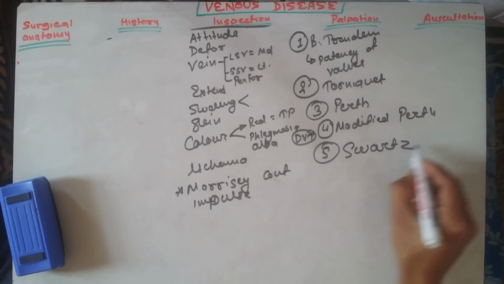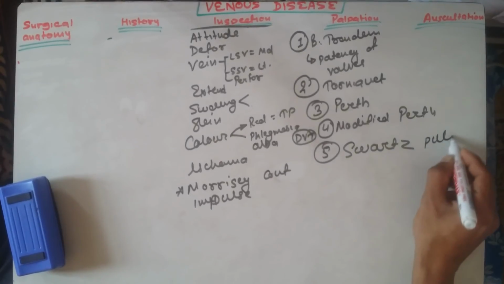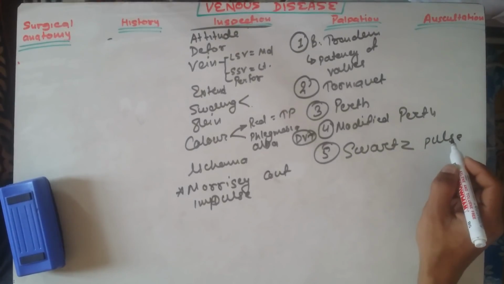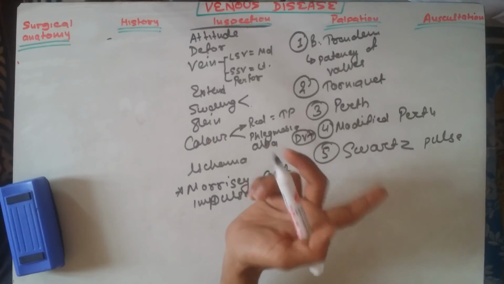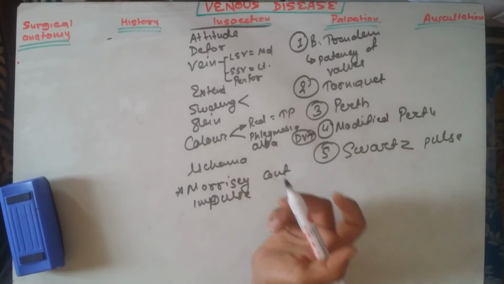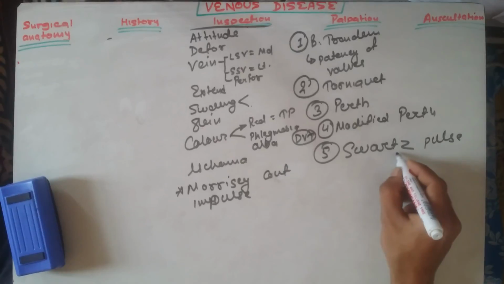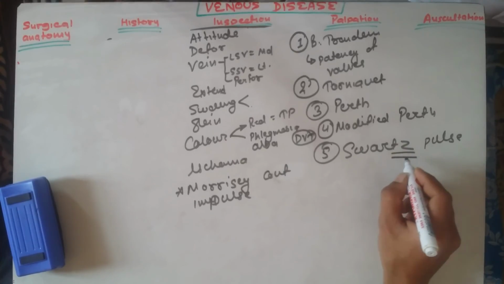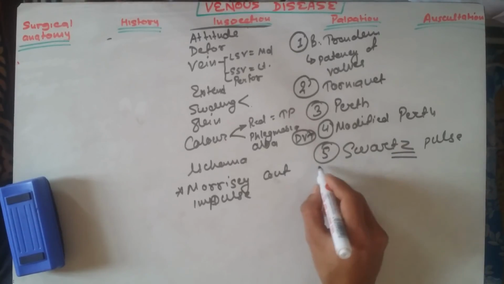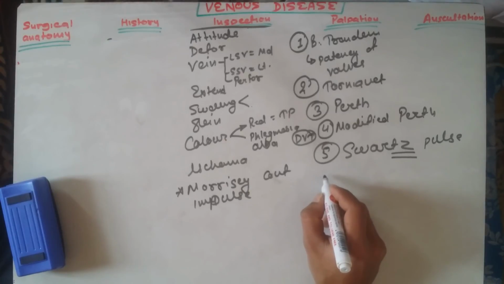So this is just for feeling the pulsation back at our saphenofemoral junction when pressed at the distal-most bulging part of the vein. This shows that there is no patency present in the valve. So this is the Schwartz test.